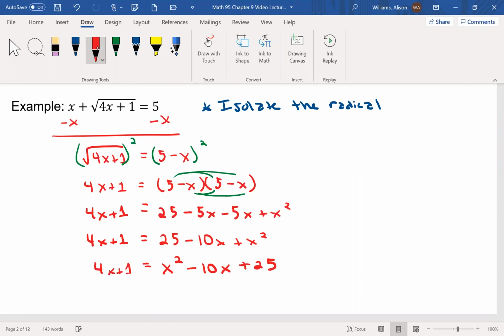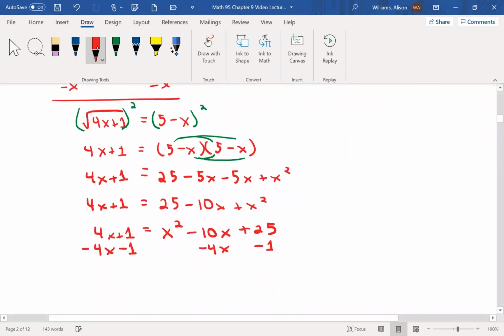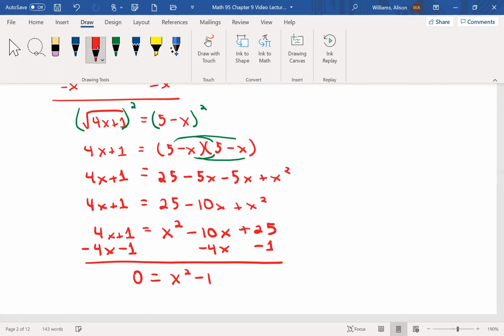Okay. This is a quadratic, which means I need to get it equal to 0 because I'm going to have to factor. So I need to move the 4x and the 1 to the other side. So that's going to leave me with 0 equals x squared minus 14x plus 24.